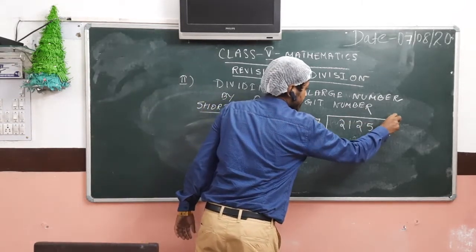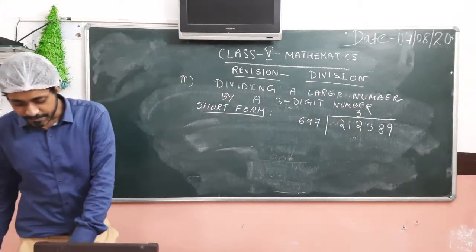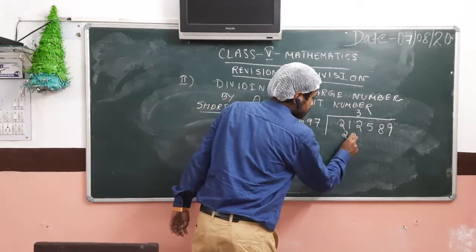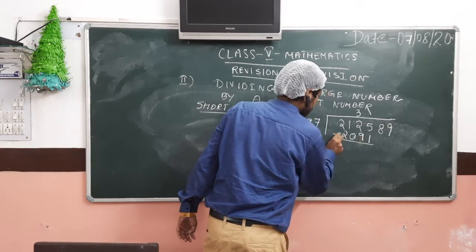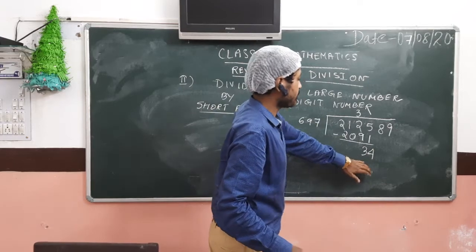First we are multiplying 3. What do we receive when we multiply 3? 2091. The remainder here is 3, 4.